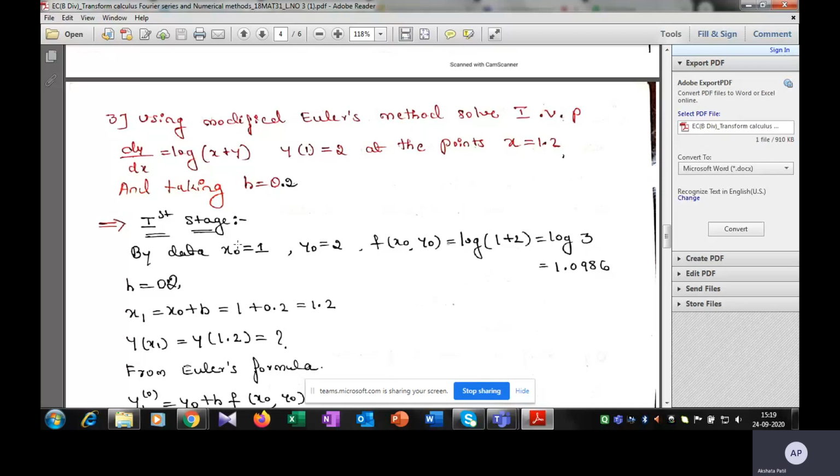So in this example, the given differential equation is log of x plus y. The initial conditions given are x naught is 1 and y naught is 2. They are asking to calculate y at x equals 1.2, and they have also given the step size, that is h equals 0.2.